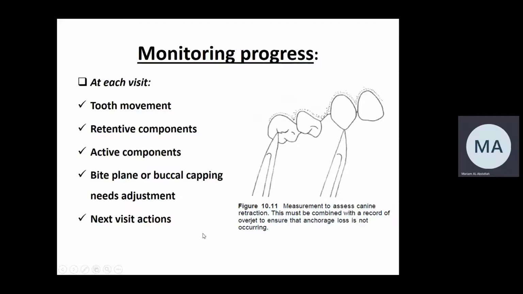I need to check retentive components, and it's normal to have an appliance that is loose because the patient is supposed to remove the appliance after meals to clean it. So I check the retentive components and retighten them, reactivate them. I need to check active components and again activate them accordingly. I need to check the bite planes and the buccal capping for any fractures or breakages. And then I need to decide on my next visit aims and give the patient a review appointment, and so on and so forth.